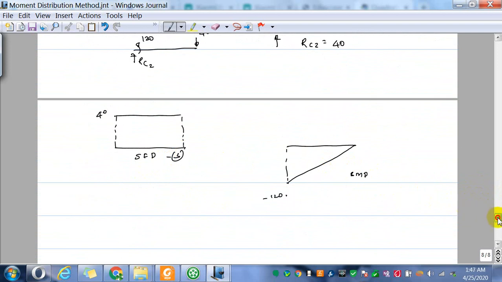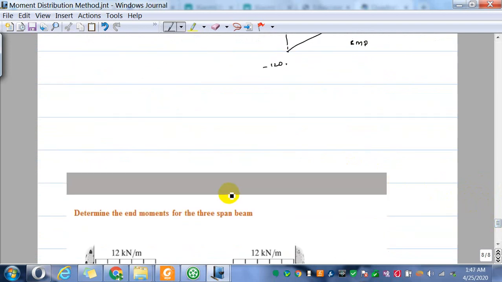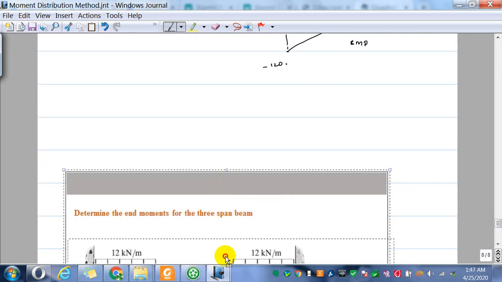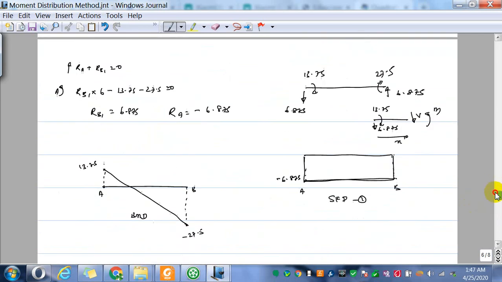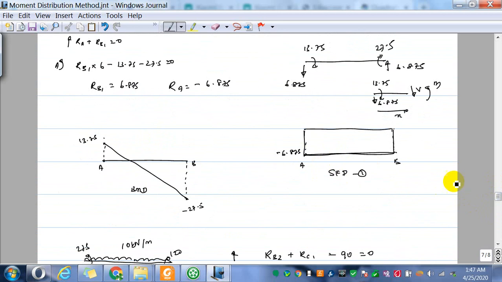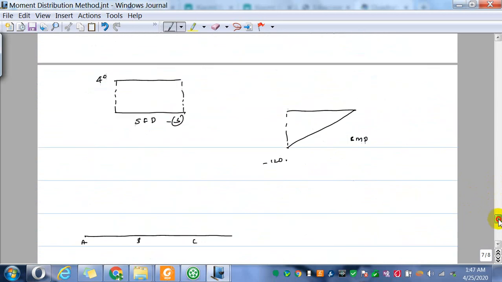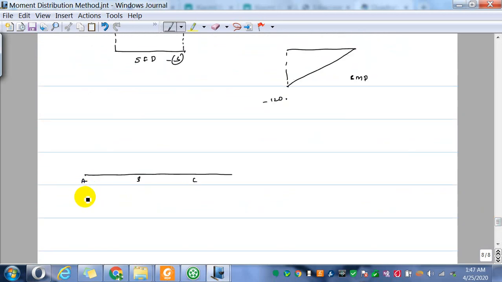So if this is the beam, A, B, C. Between A and B, the shear force diagram is minus 6.875.